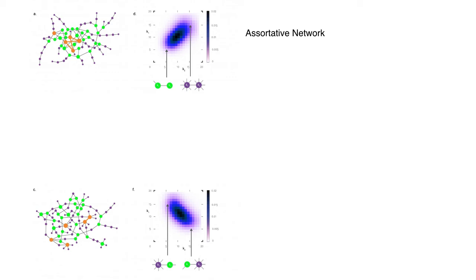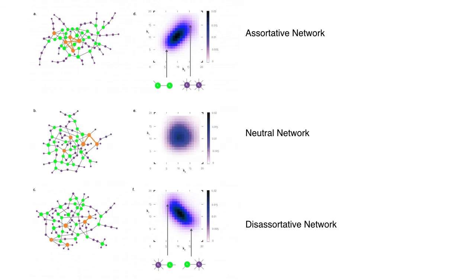So after looking at the assortative and disassortative network examples, there's also this middle ground.